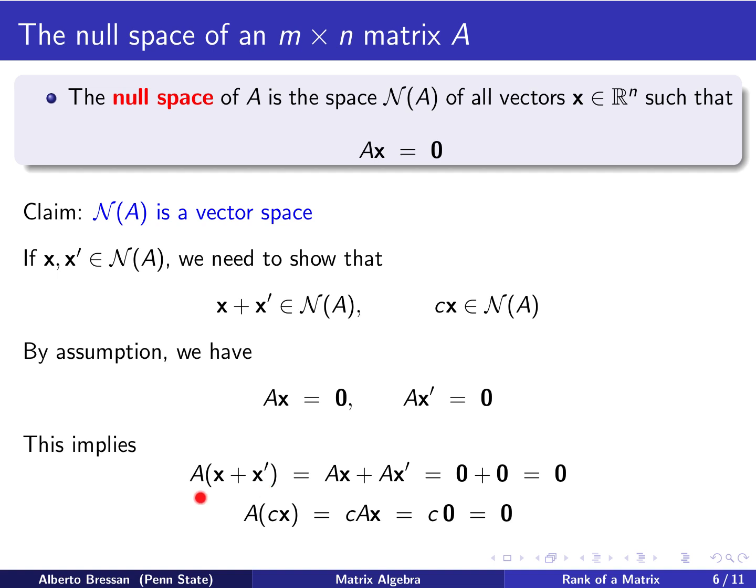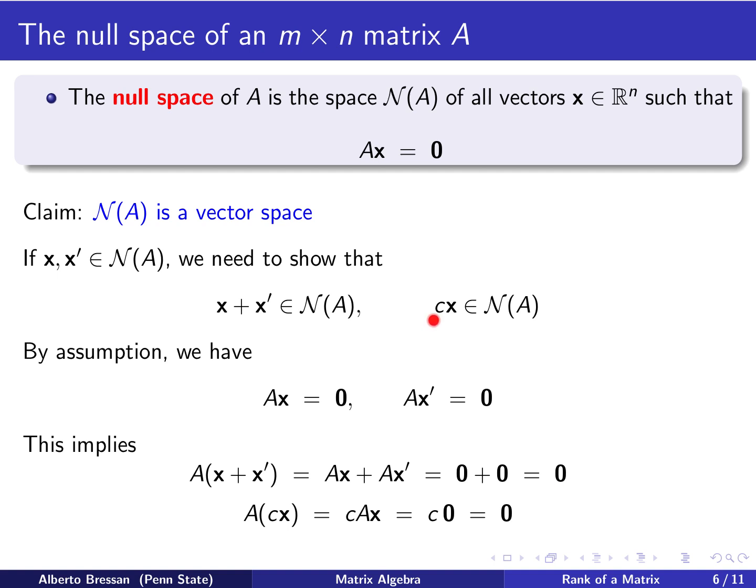So let's look at this calculation. I can distribute, multiplying A on each of these vectors and then adding them up afterwards. The first product gives me 0, and the second product gives me 0, and 0 plus 0 is 0. Okay, so that's what we wanted to prove.